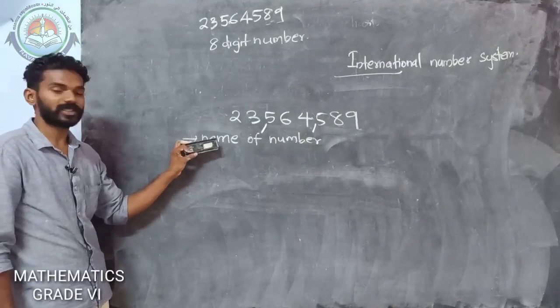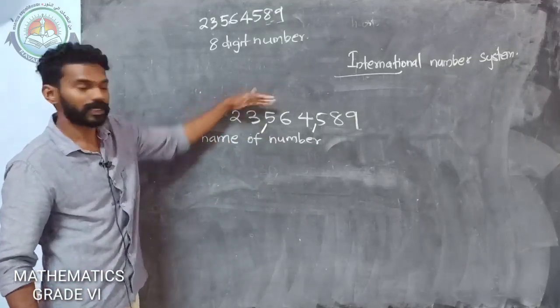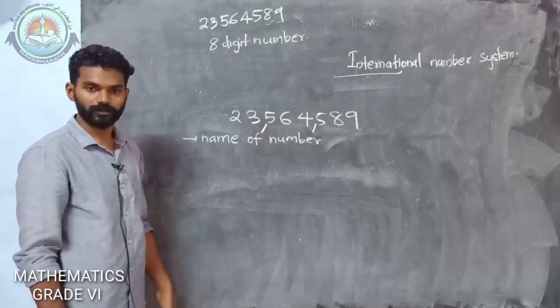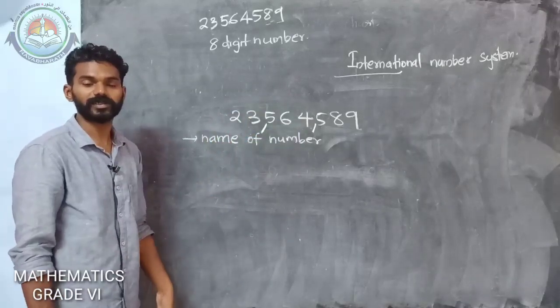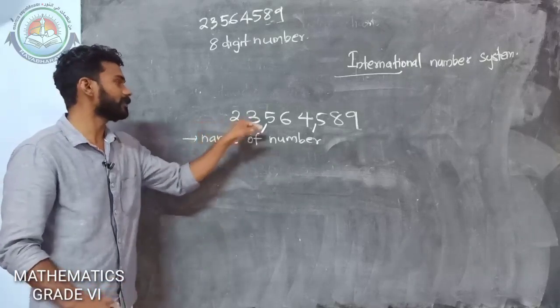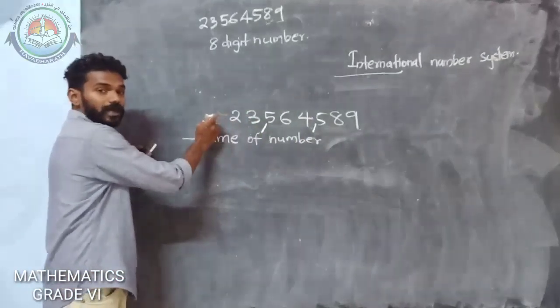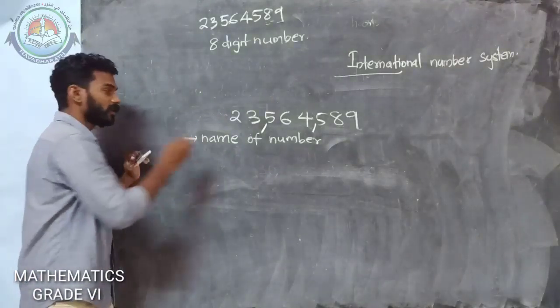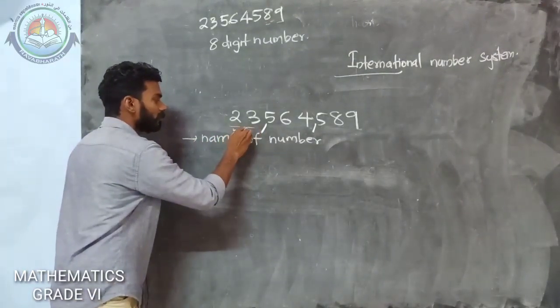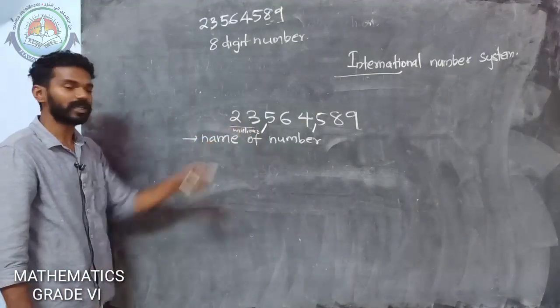First of all, to express the name of a number, you have to consider the standard form. Then you can easily express its name in words. For that, you have to consider each period. So first of all, you start from the leftmost end, and this is the period of millions. And how many millions are there?